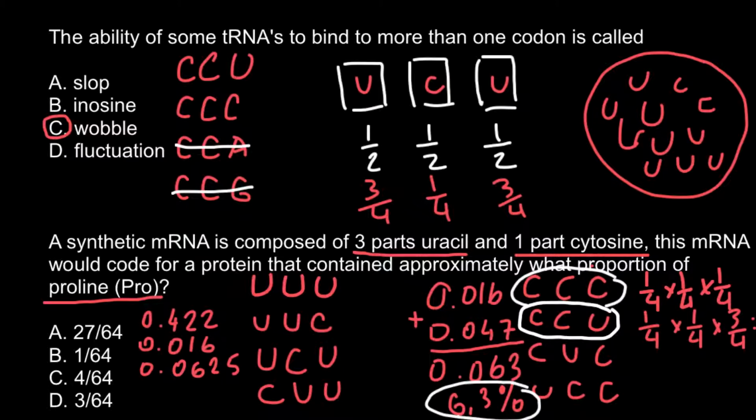And if we divide 3 by 64, we are going to get 0.047. And as you see, in my calculations, I used rounded numbers. And as you see, this number is very close to this one. So the correct answer would be answer C.